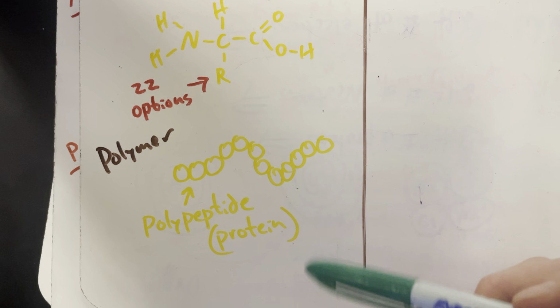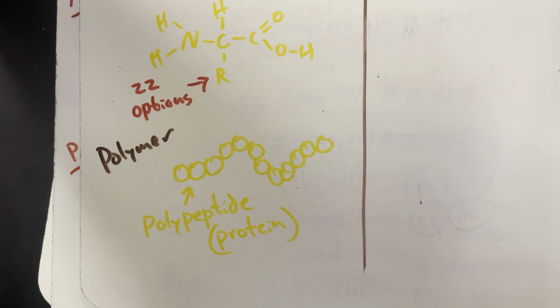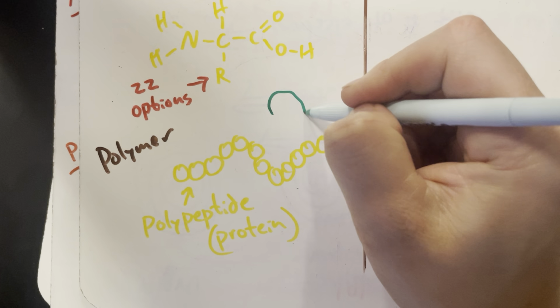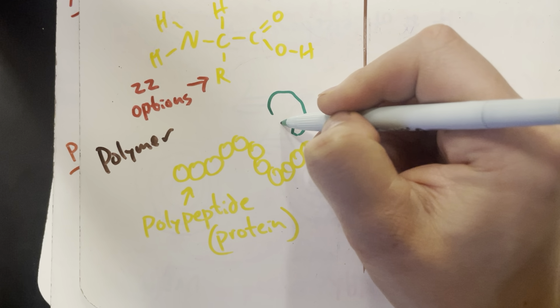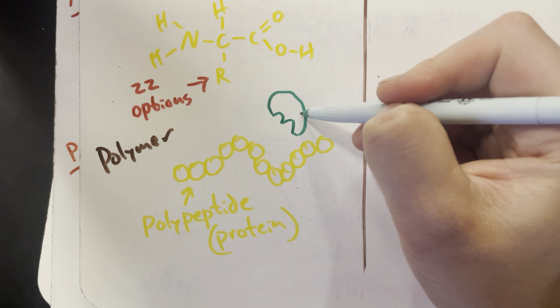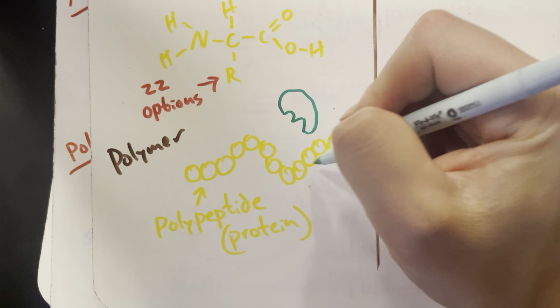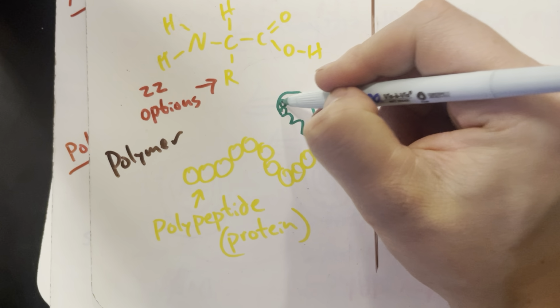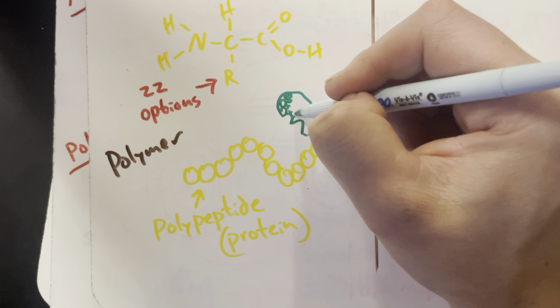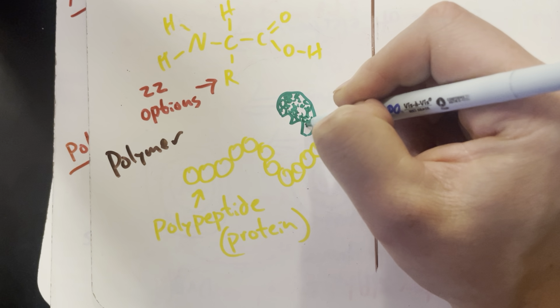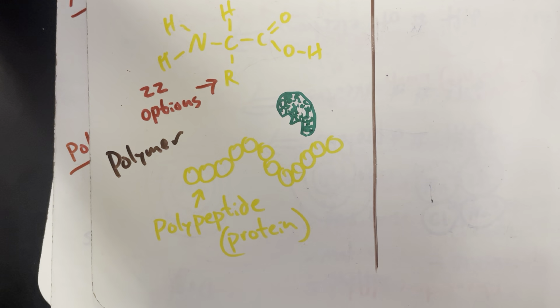But then that folds up, usually into some sort of functional thing. Remember how we were talking about enzymes earlier? Enzymes are proteins. This molecule here is a giant folding of hundreds of different amino acids. It's just a chain folded up into this weird little shape that does some function for the body.